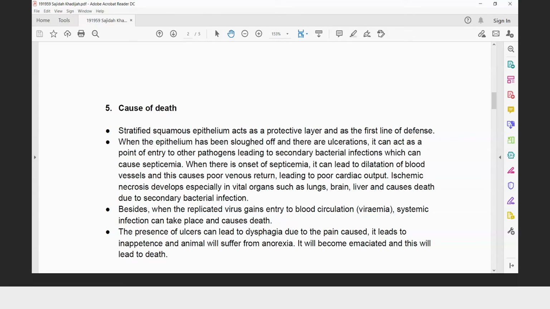So you're right there. When they get dysphagia, what's important? They cannot get a good diet. As a result, maybe they have hypoproteinemia, and this hypoproteinemia can lead to pulmonary edema, and that pulmonary edema could lead to ischemic necrosis of the vital organ.